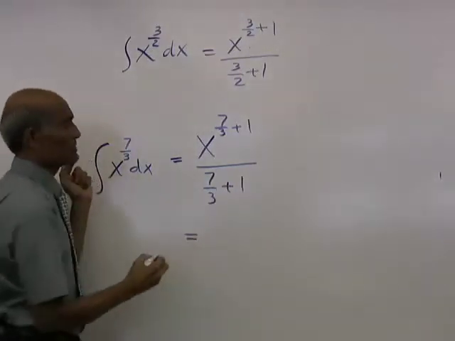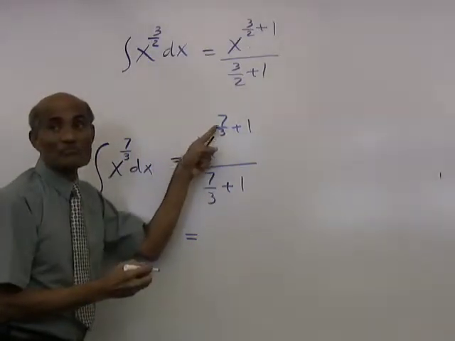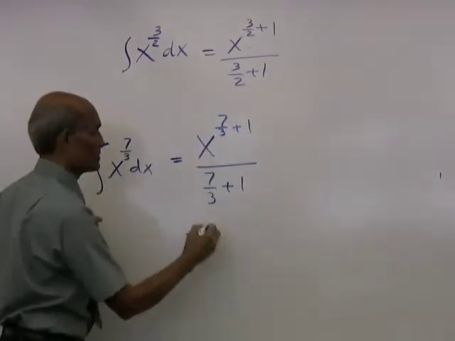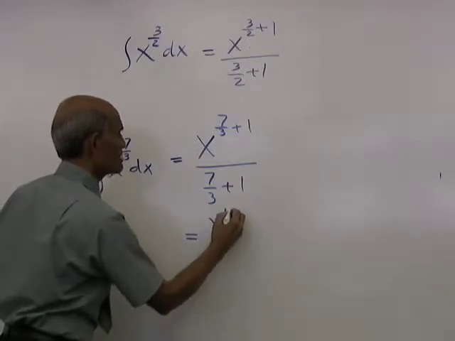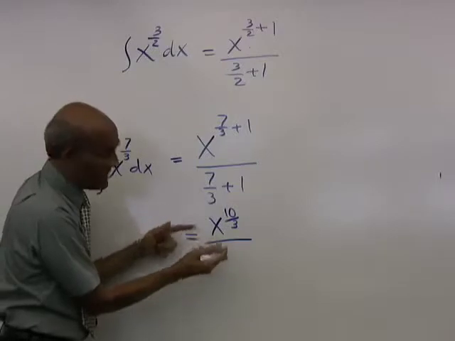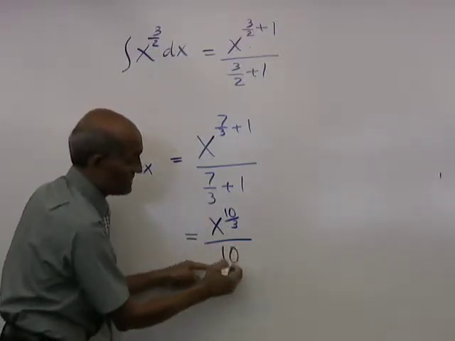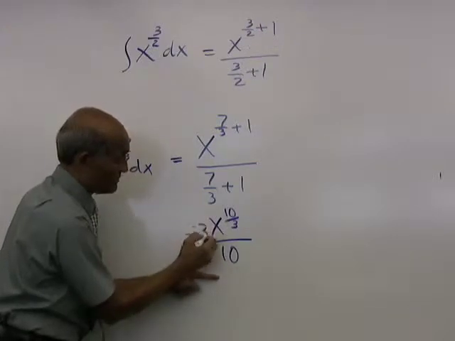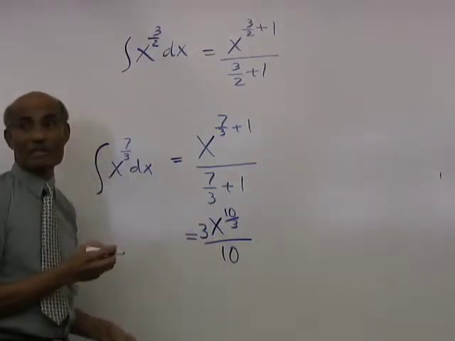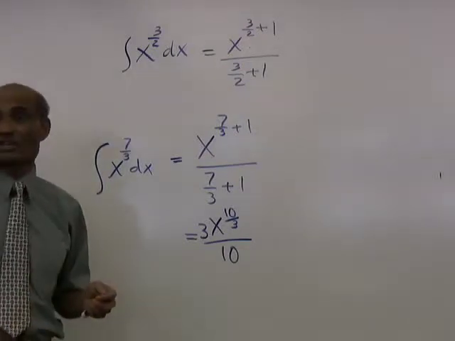And what is that equal to? What is 7 over 3 plus 1? It will be 10 over 3. And that will be x to the power of 10 over 3 divided by 10 over 3. Dividing by 10 over 3 means 3 goes up. It will be 3x to the power of 10 over 3, divided by 10.